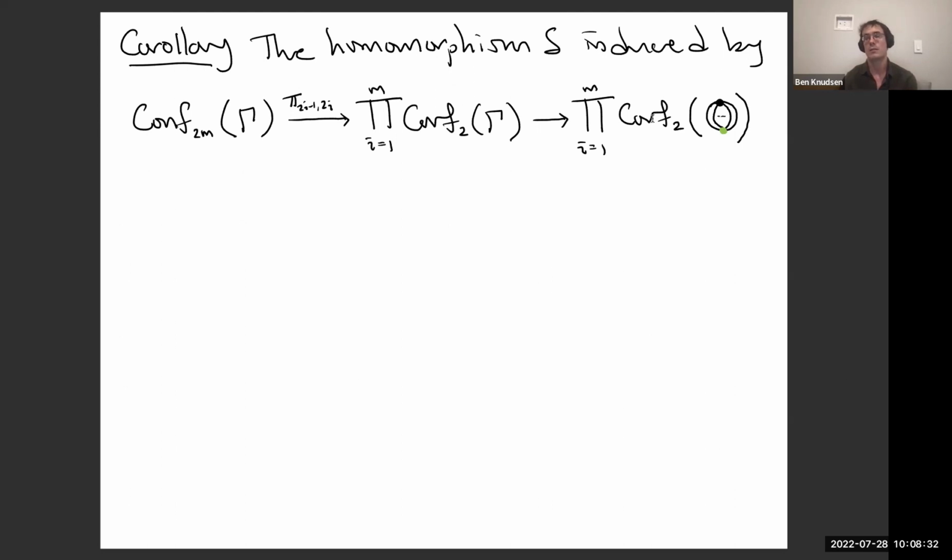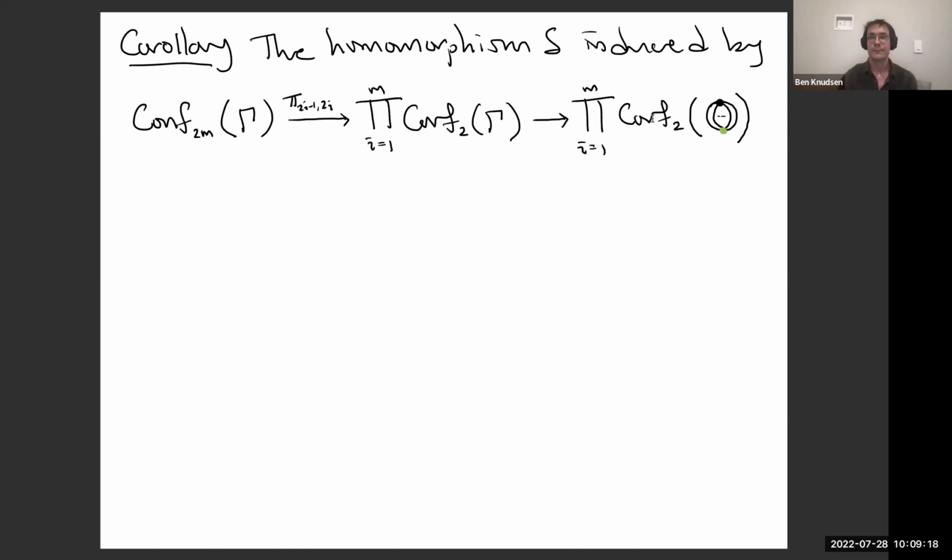The way I do that is I look at the open star of that vertex and I quotient by everything outside of the open star. That is a quotient map from the big graph down onto the suspension of valence many points. And I have the bottom vertex as a sink so that this induces a map on configuration spaces. Just to say it one more time, this second map in the ith factor is induced by the quotient map between graphs which collapses everything outside of the open star of the ith vertex.